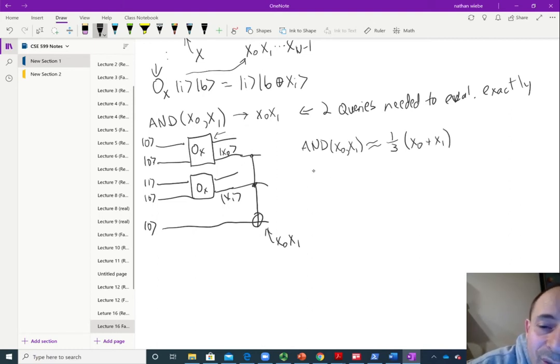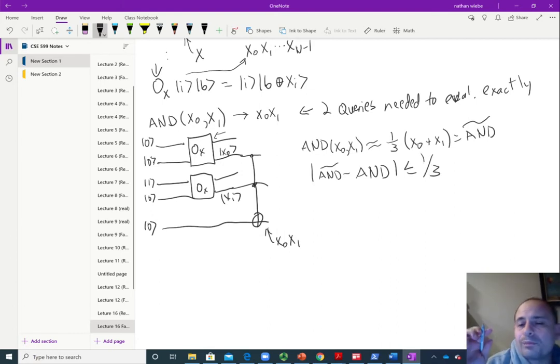And you'll note that for all values of x0 and x1, the absolute value of AND tilde, I'll call it for this approximated one, minus the actual AND function, that deviation is less than or equal to 1/3.